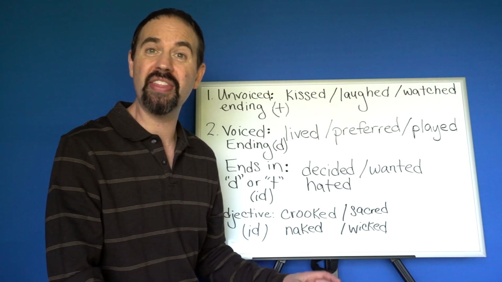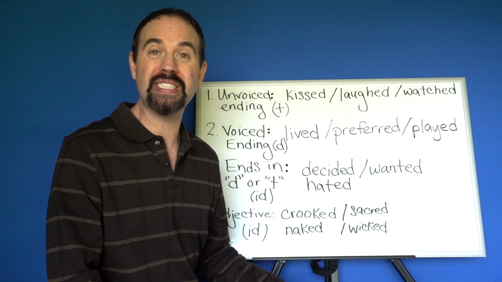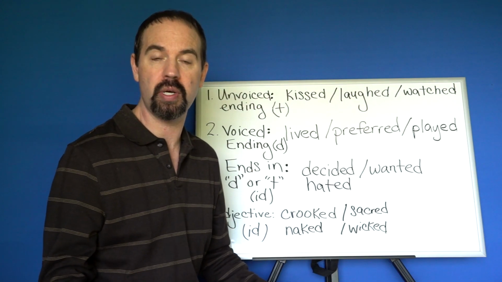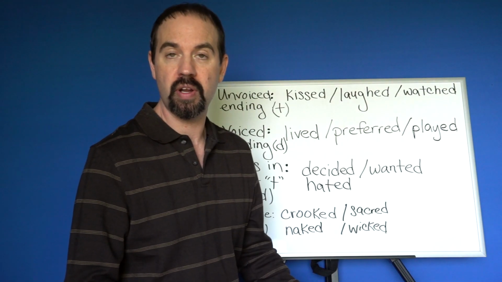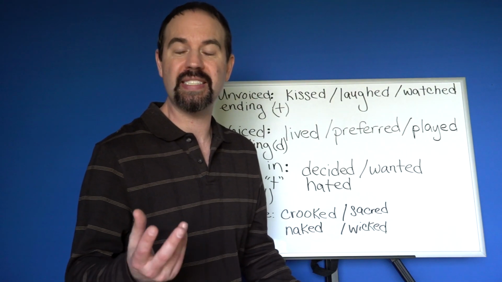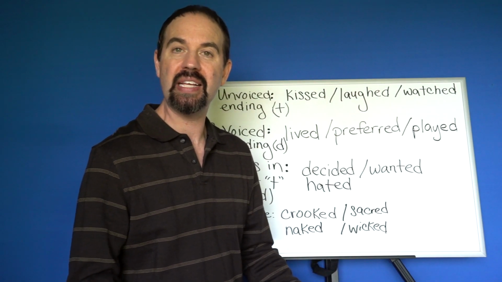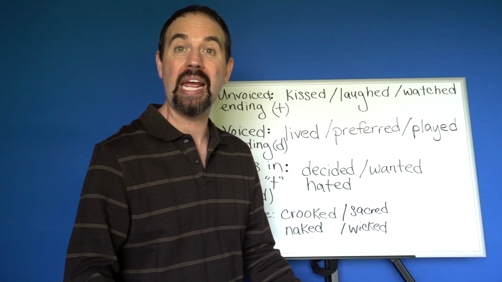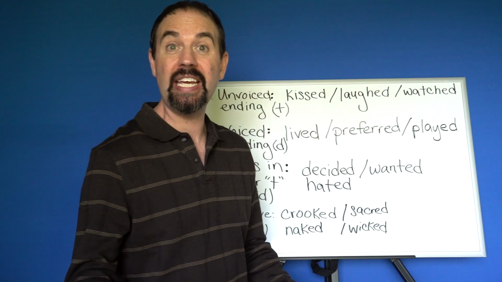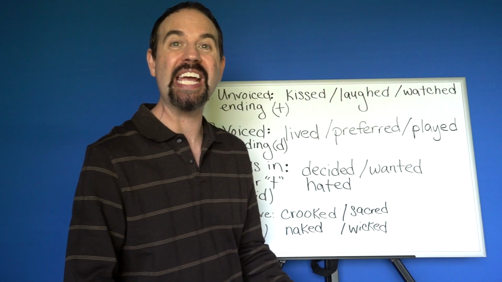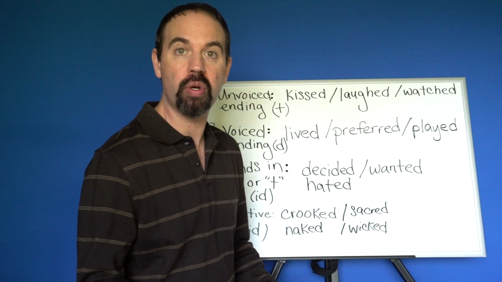So when we add the ed, we're going to use a D sound. Preferred. I forgot to mention, vowels are voiced sounds. Therefore, since the word play ends in a vowel sound, we're going to pronounce the ed like a D. Played, because it's a voiced sound.